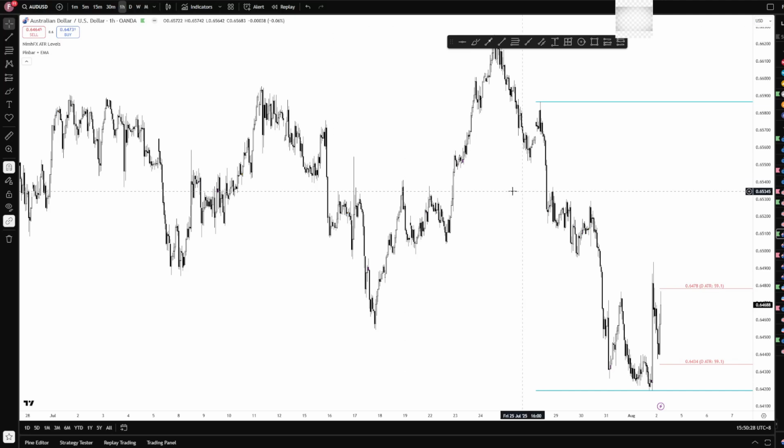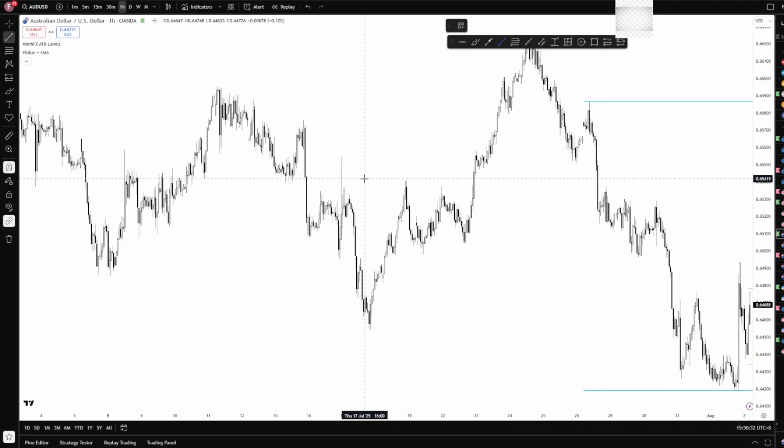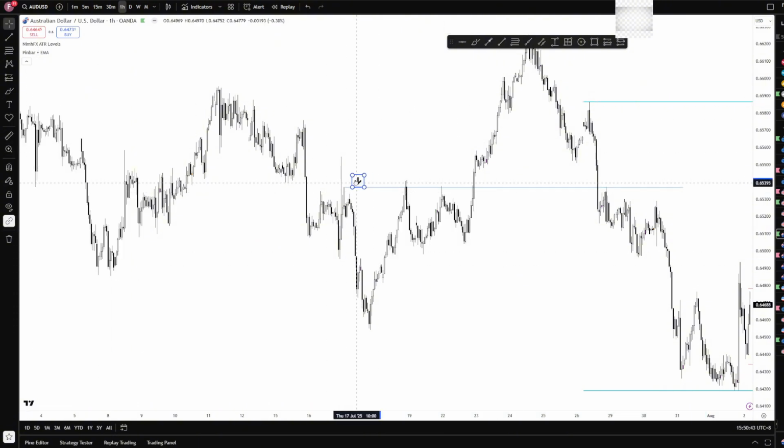On the first day, on the 28th Monday, the first trade I took for this week was Aussie dollar. I mark out my level, something like that. In my opinion, after reviewing, I feel like it was actually not the best trade. I'll explain why.